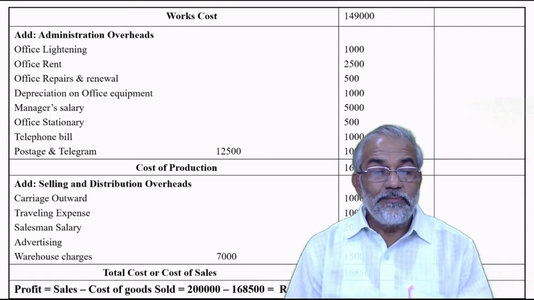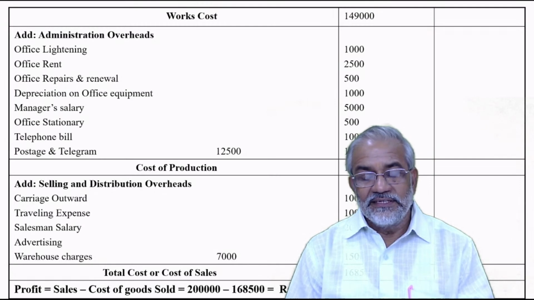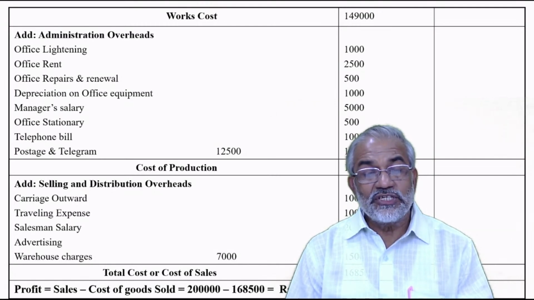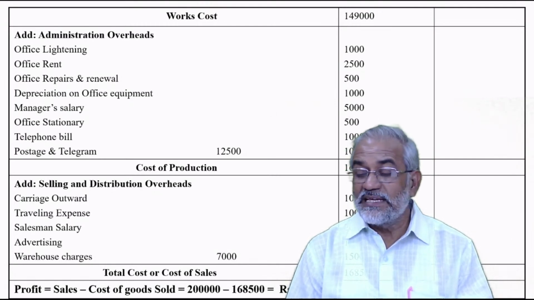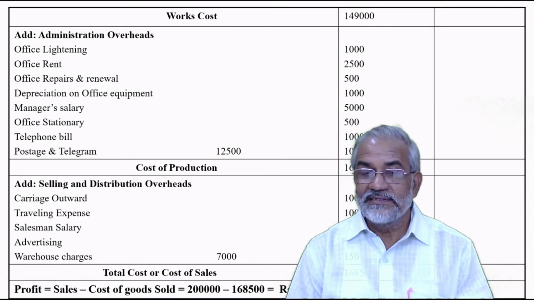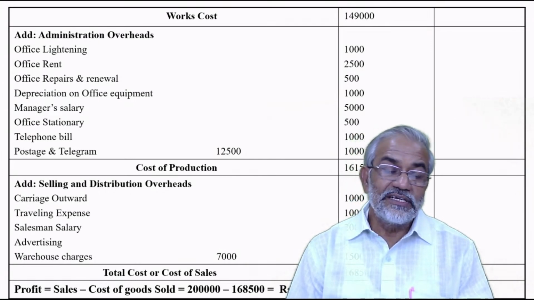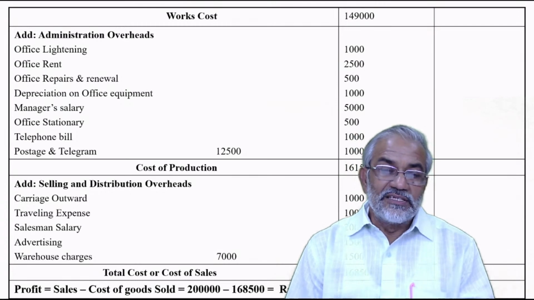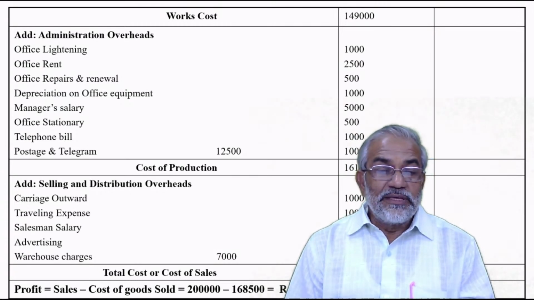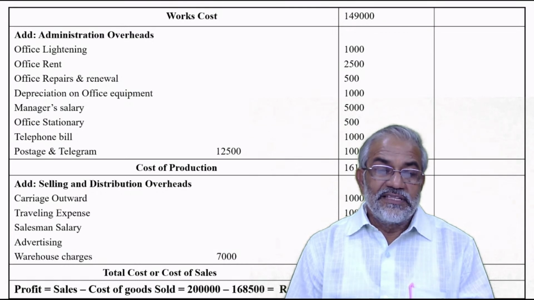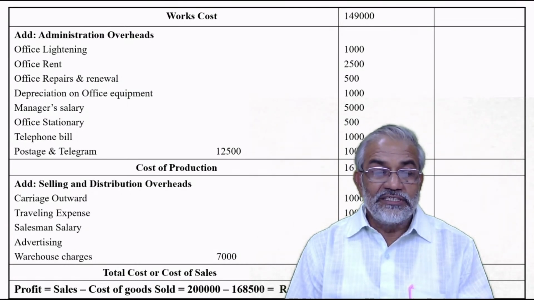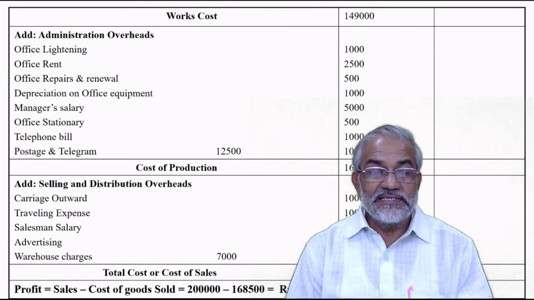At times it may so happen that the selling price may be less than the cost of sales. When the selling price is less than the cost of sales, it will definitely result in loss.